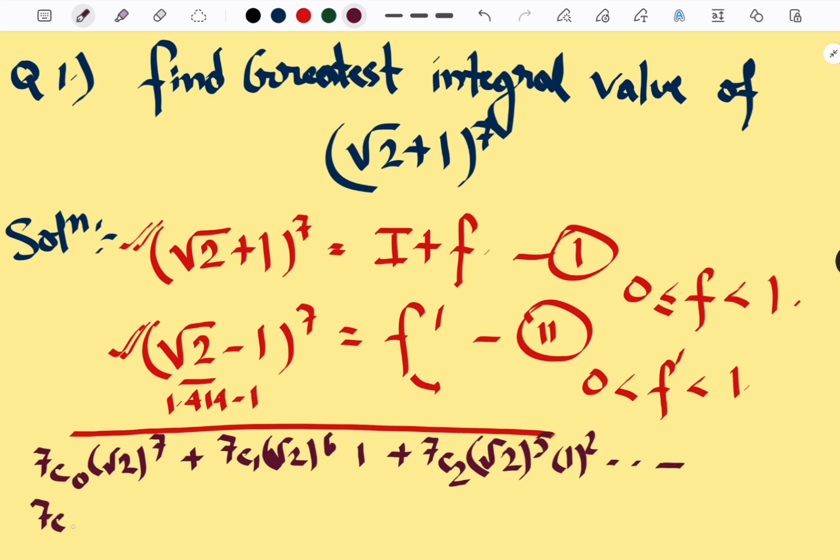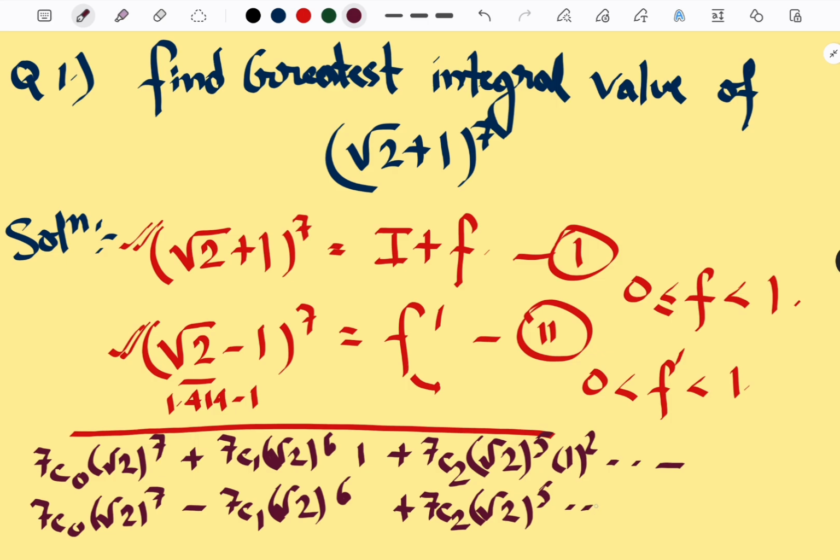Similarly for the other one, it will be 7C0 (√2)^7 minus 7C1 (√2)^6 plus 7C2 (√2)^5, and this goes on. Now it is obvious that this is equal to I plus f, and this will be f'.